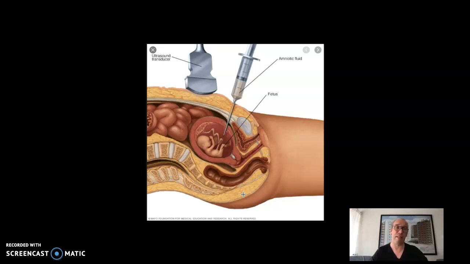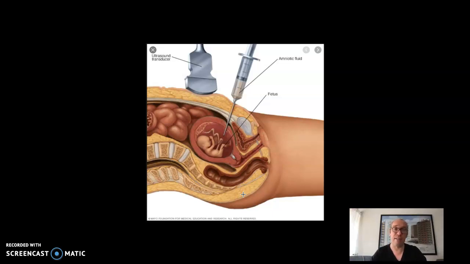Okay, so doctors want to find out very soon if something is wrong with the baby, right? Maybe they can already arrange something to help the baby before it's born. There are 2 types of research doctors could do. This one you're seeing right here is called amniocentesis.